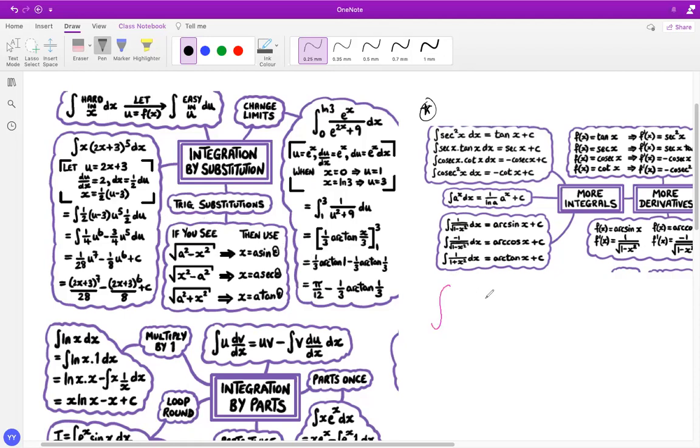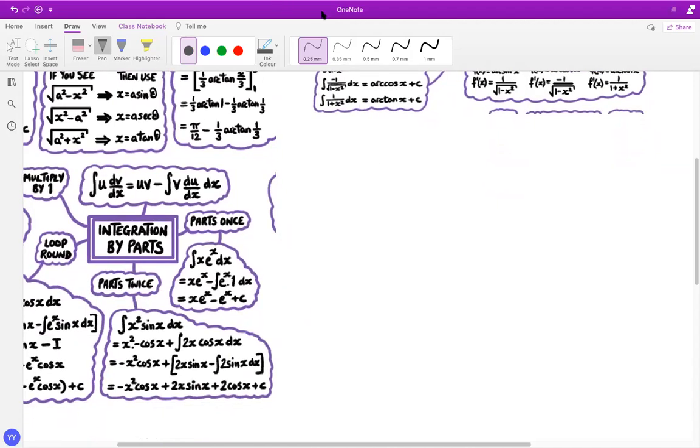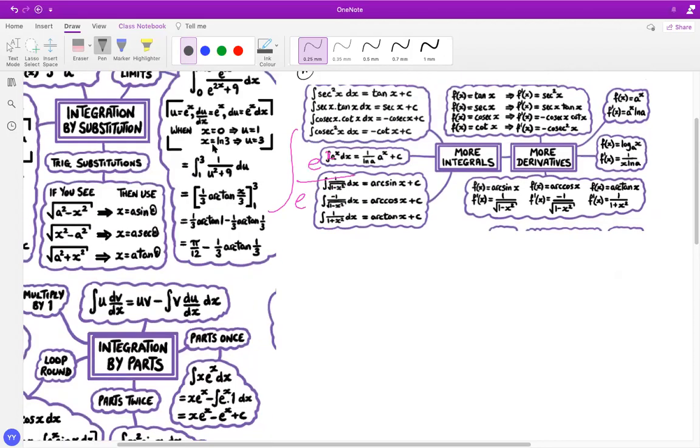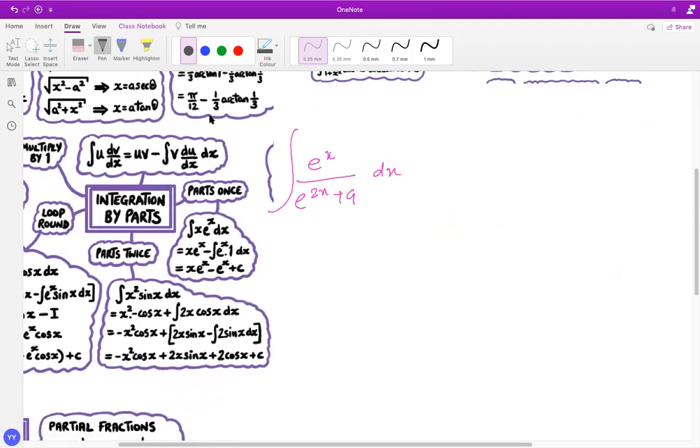Let's say I'm integrating e to the power x over e to the power 2x plus 9, and here we are supposed to integrate within the limits 0 to ln 3.